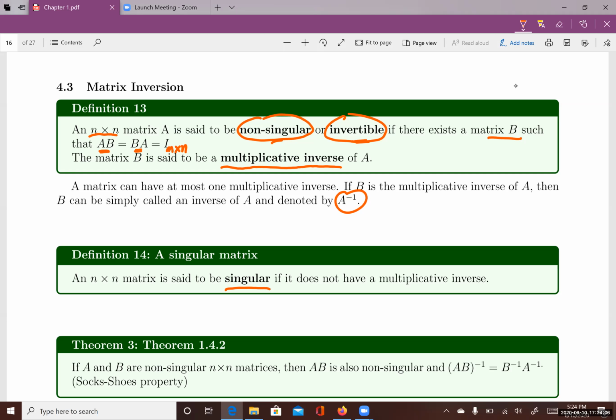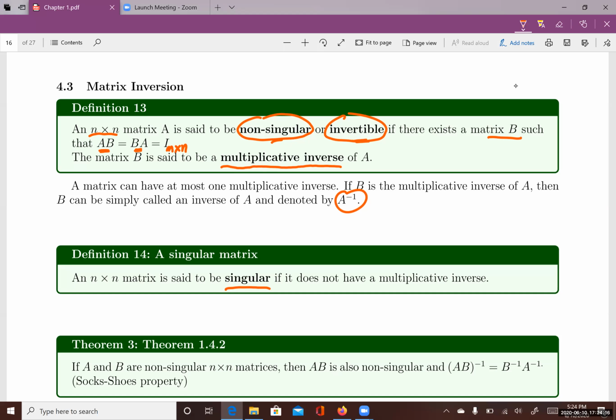So you cannot find a matrix such that multiplying by it gives an identity matrix. Remember, if A is non-singular, that means A is invertible, that there exists an inverse matrix of A.